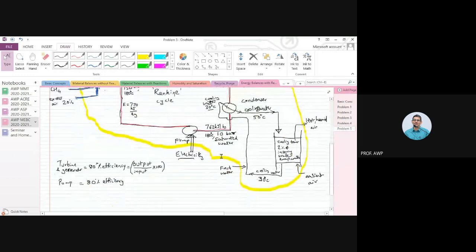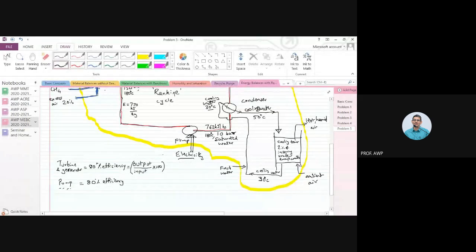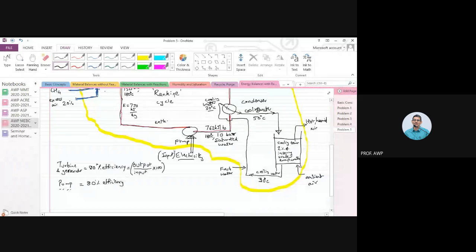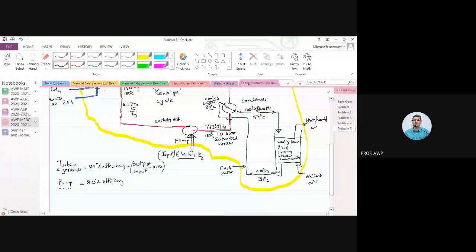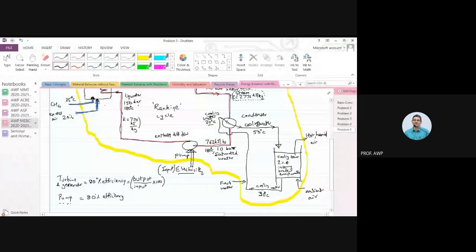Pump. Now, what is the input for the pump? Input for the pump is our electricity. What is the output for the pump? Output for the pump is the enthalpy difference between 150 bar, 180 degrees centigrade liquid water and 180 degrees centigrade 10 bar saturated water.